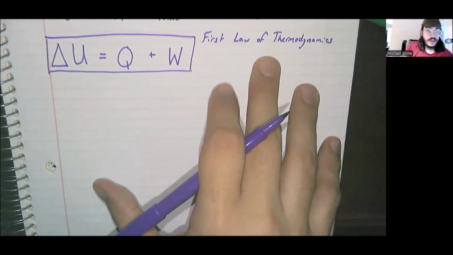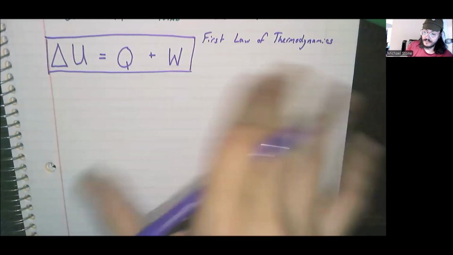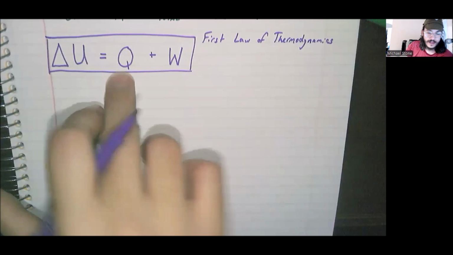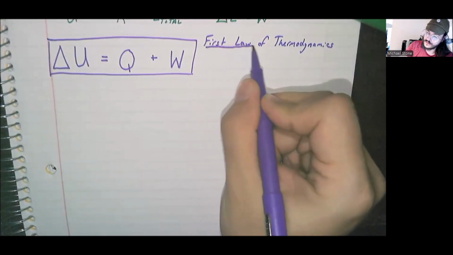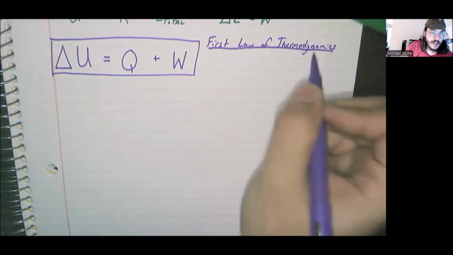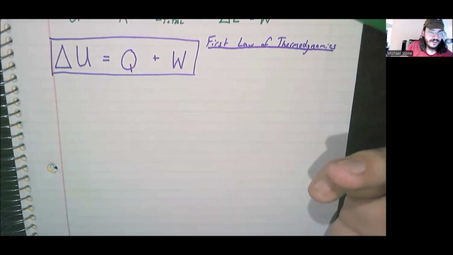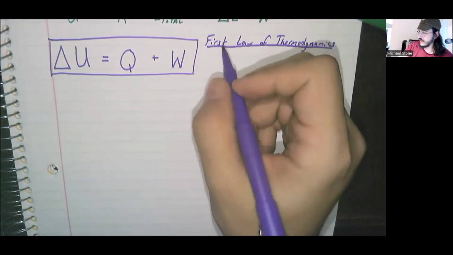But the law of thermodynamics, we could say it here. This is a mathematical descriptor. It's just often useful, just like the other laws, where I put them into words in order to make the math make more sense.